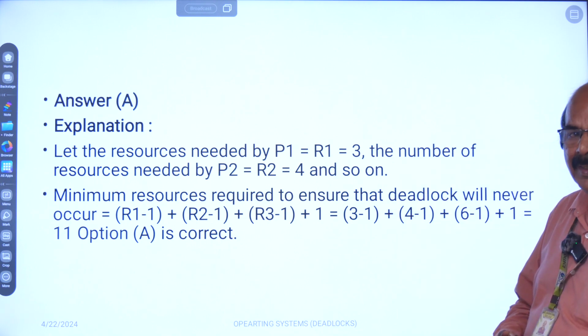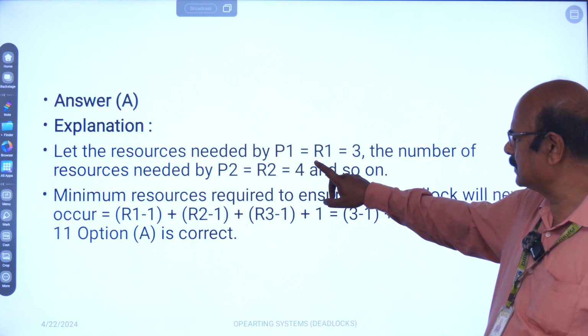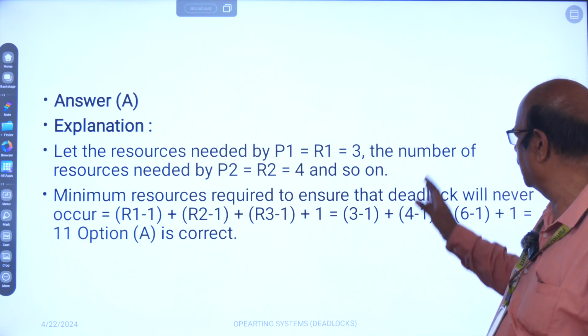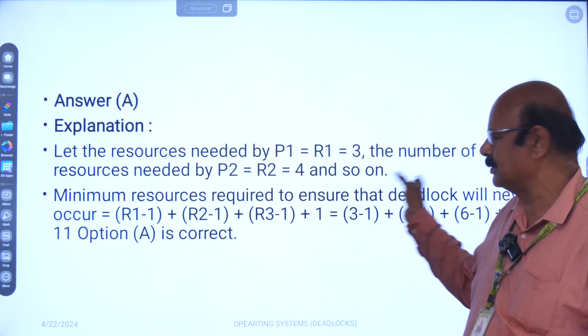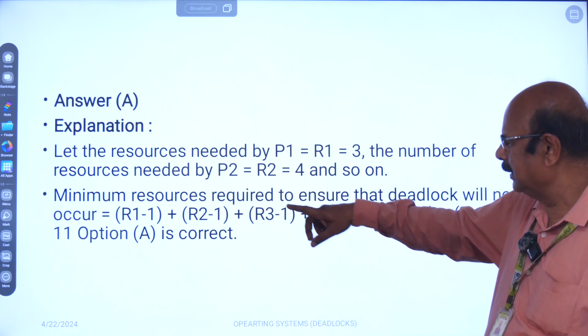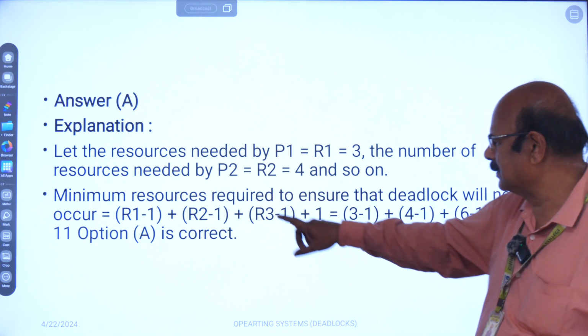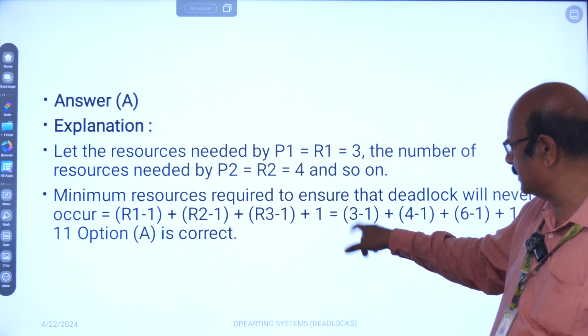Option A is selected. Explanation: let the resources needed by P1 be R1 equal to 3. Then the number of resources needed by P2 is R2 equal to 4, and so on. The minimum number of resources required to ensure deadlock will never occur is R1 minus 1 plus R2 minus 1 plus R3 minus 1 plus 1.